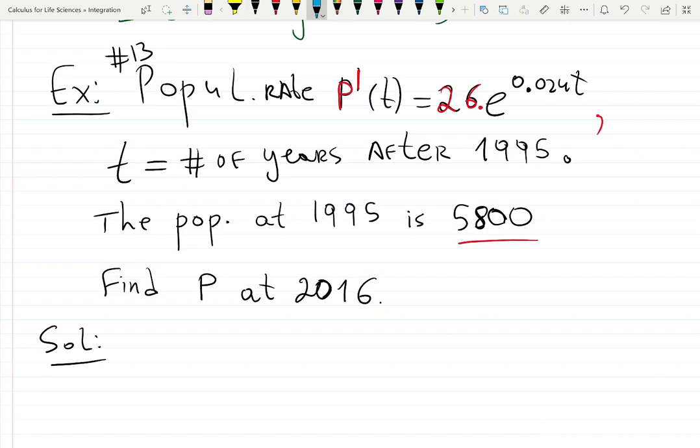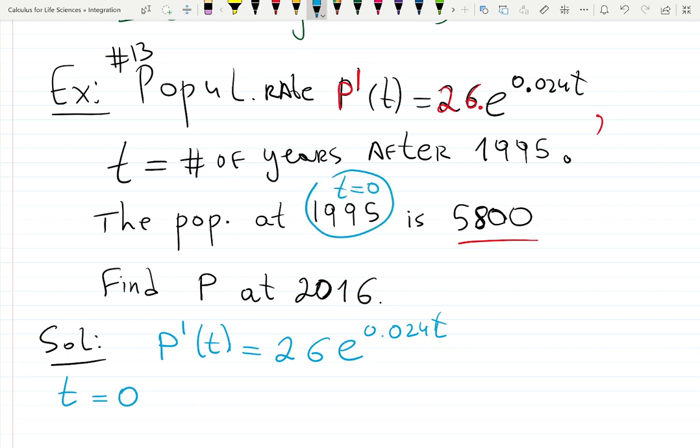Let's write down what we have. We have a derivative of P. The derivative is a typical exponential growth model. It's growing with the rate 0.024t. This 0.024 is the growth rate. We also know that when t is 0, in 1995, P at 0 is 5800.